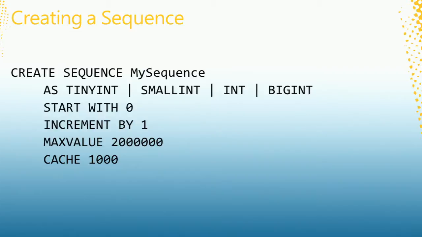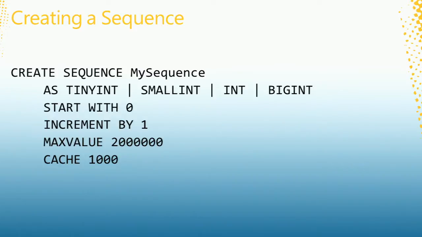So you've got start with 0, increment by 1. I've got a max value of 2 million, and I'm caching 1,000 at a time. I can also set min value as well. Min value is going to work with start with. So if I set min value higher than start with, I'm actually going to start at the minimum value.